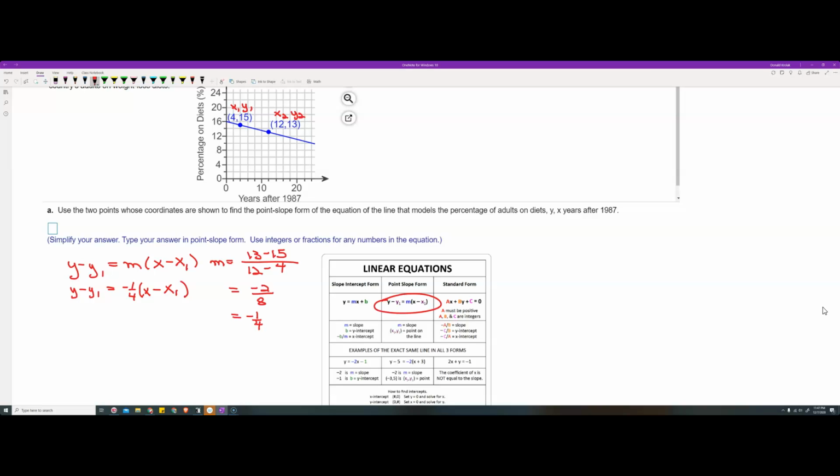So I'm going to choose the 12, 13. I take those coordinates, and that's going to go in for x1, and that'll go in for y1. So I'd have y minus 13 equals negative 1/4 times x minus 12. And then I stop there because now it is in point slope form right here.